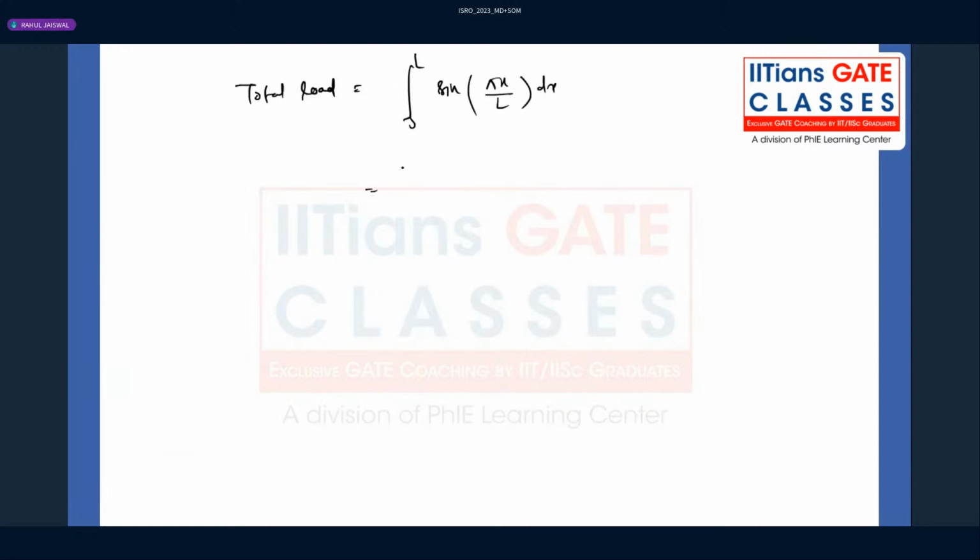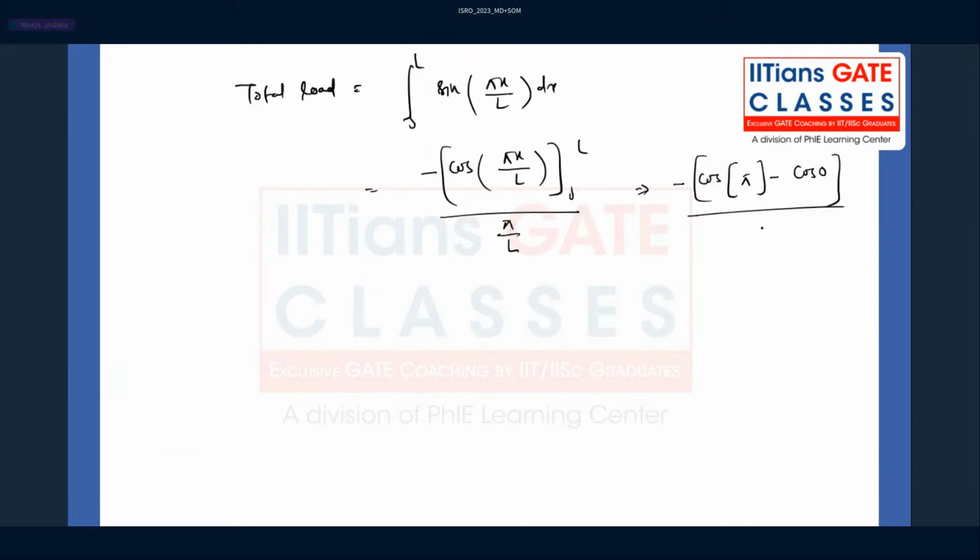What is the integral of sin(pi x by L)? Minus cos(pi x by L) divided by pi by L, because we have to differentiate the argument and write it in the denominator. Then minus cos pi minus cos 0, divided by pi by L. Now when you put in the values, you get 2L divided by pi Newton as the total load.